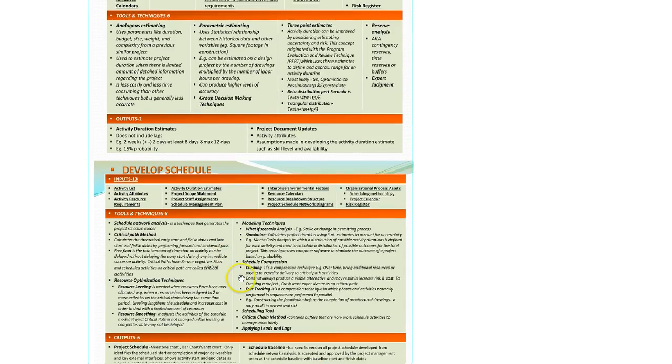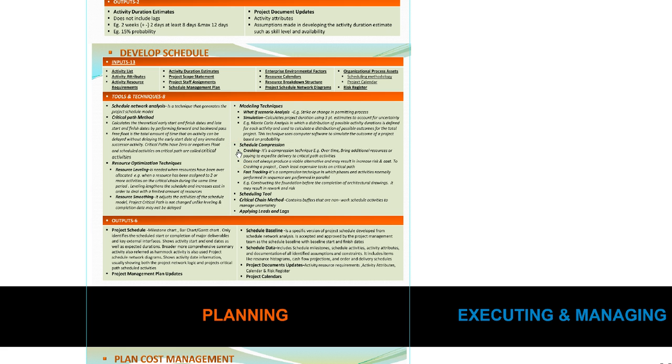And the last thing that I do in the planning process group for time management is develop the schedule. Now, I hope all you guys know what a schedule is. Develop what activities are going to take what time, and everything is put in this document.